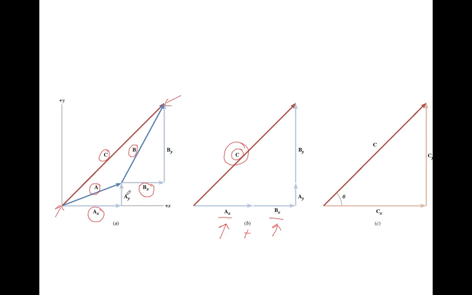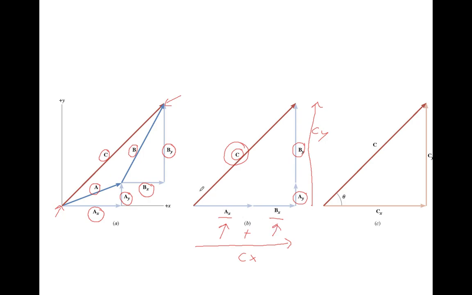And similarly, the y components can be added together. So the y component of A can be added to the y component of B. So Ay plus By gives you the y component of vector C. So you have Cy and Cx.